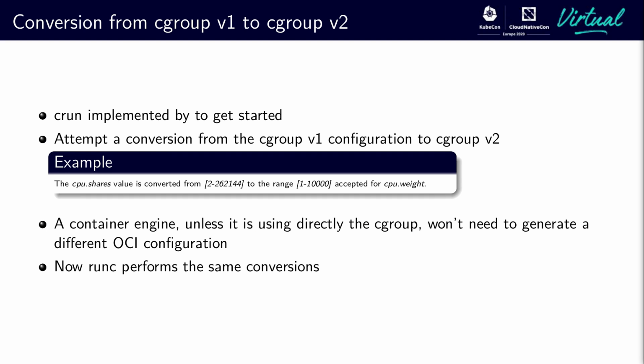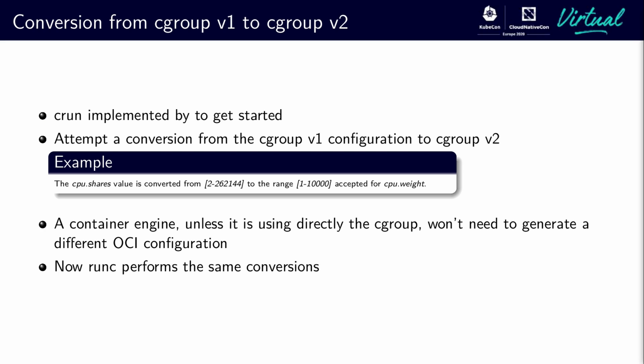So the problems I introduced before are solved today with a mechanism of conversion between the two versions. Firstly, I implemented it for crun, and I thought it was a hack, but well, it was good enough to get started without worrying about changing specifications and the rest of the stack.